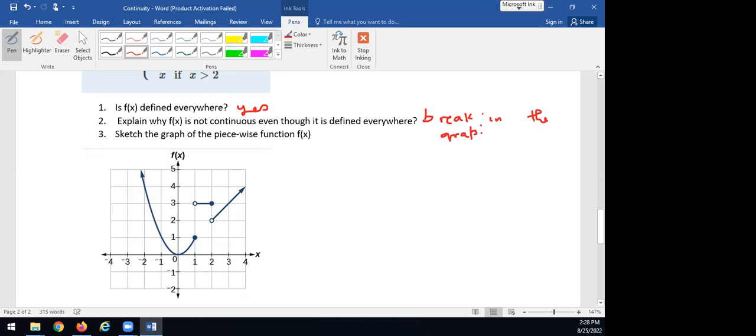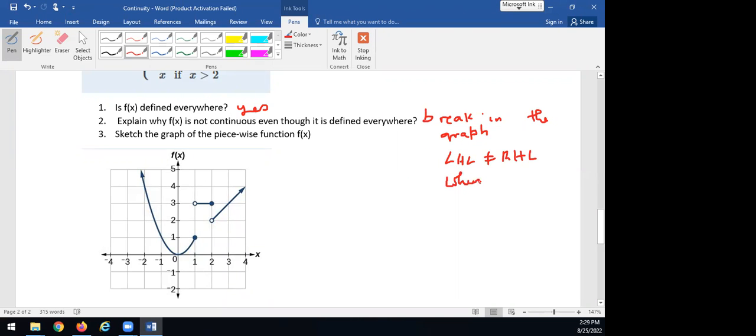And if you want to be more formal using your math language, you can describe it in terms of the limits. You could tell that the limit value from both directions would not be the same. So the left-hand limit is not equal to the right-hand limit, right? Especially at 1 and 2. Everybody seen that?